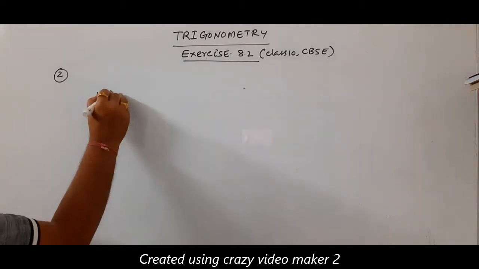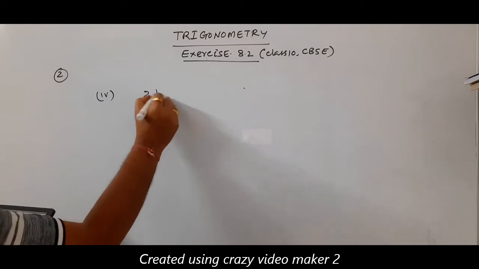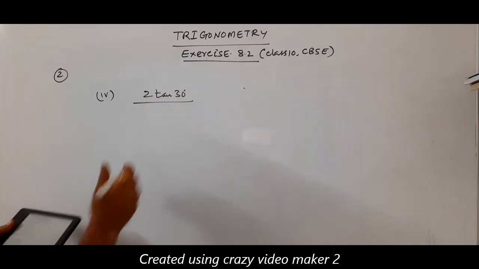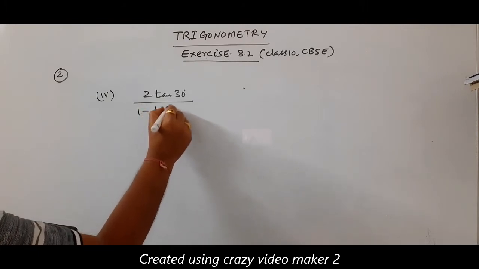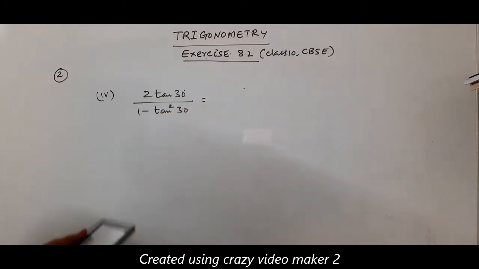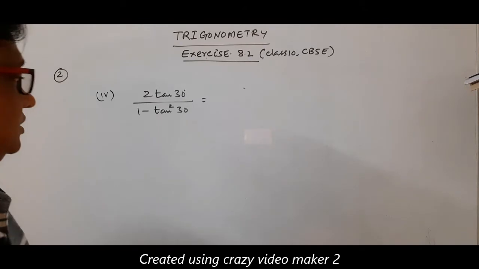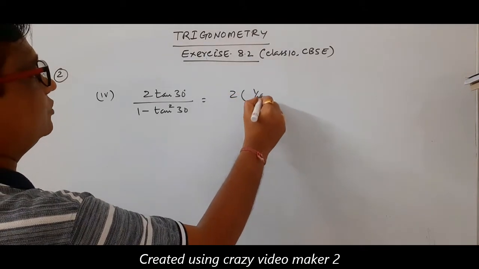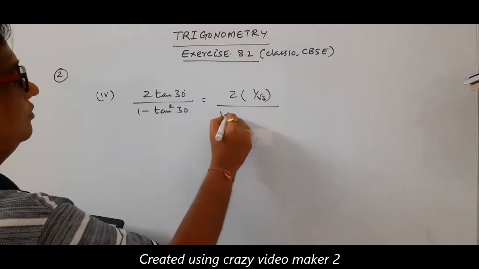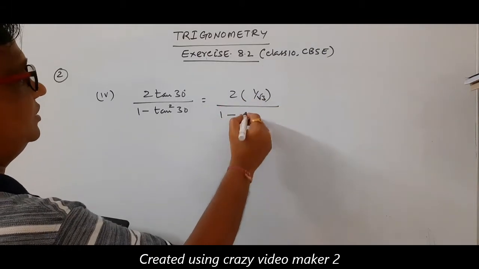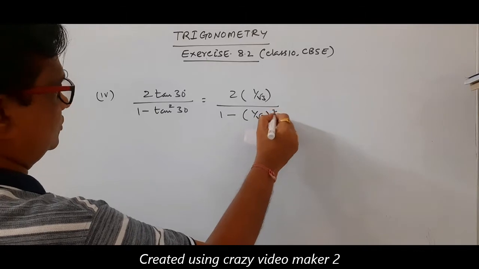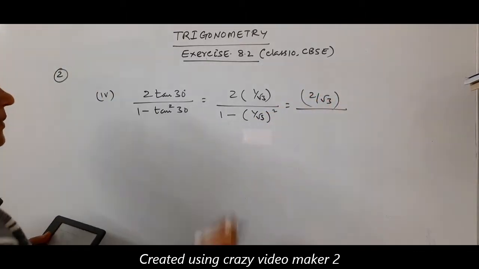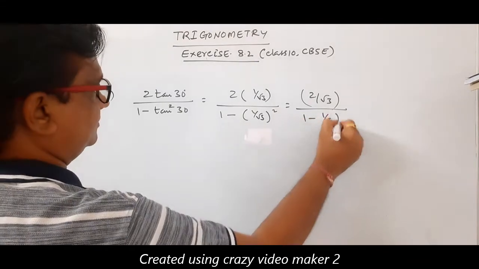Fourth question. 2 tan 30 by 1 minus tan square 30. So 2 tan 30, 2 into 1 by root 3 by 1 minus 1 by root 3 whole square. So 2 by root 3 by 1 minus 1 by 3.